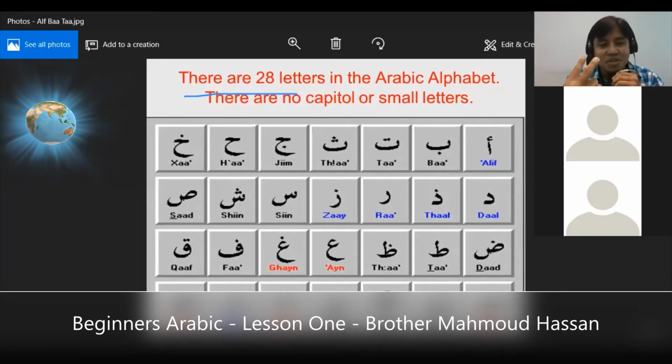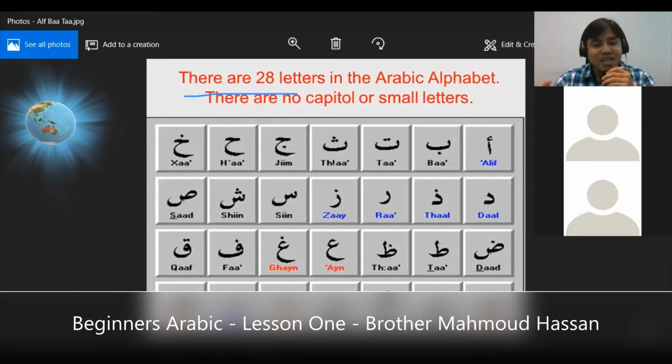Two similar words, tawila and tawila, similar words but the meanings are different. Great.